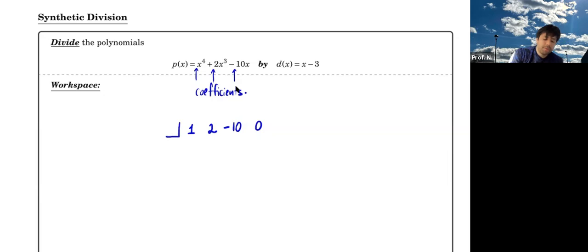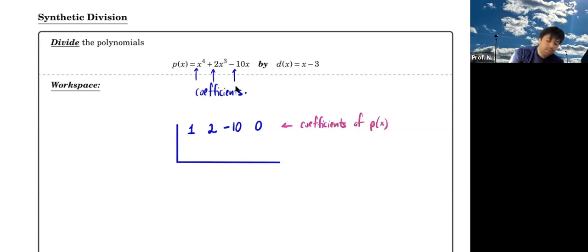So there's a number that you put on the left of this. Actually, let's see here. Okay, so again, the first row of numbers here are the coefficients of p of x.